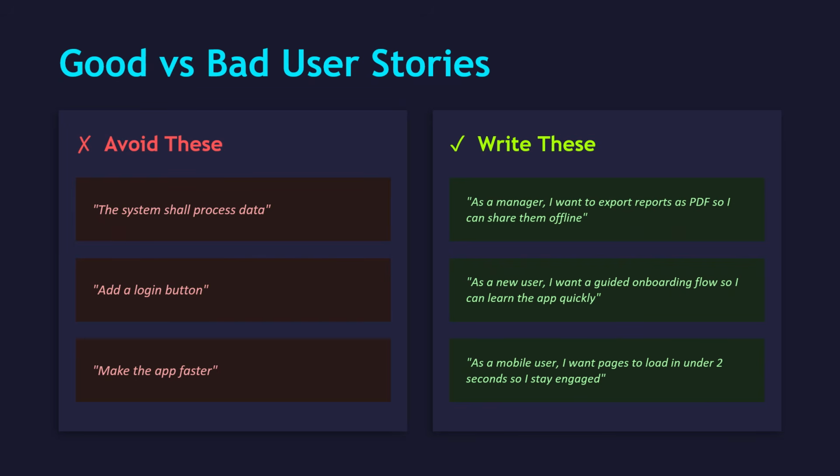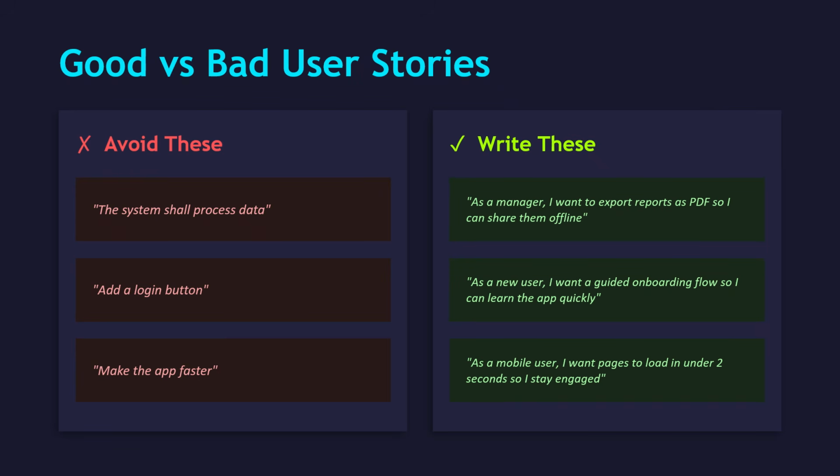Now let's see what separates good stories from the bad ones. On the left, stories to avoid. "The system shall process data" is a system requirement, not a user story. "Add a login button" is a task. "Make the app faster" is way too vague.